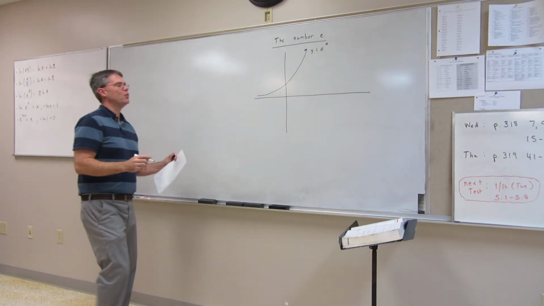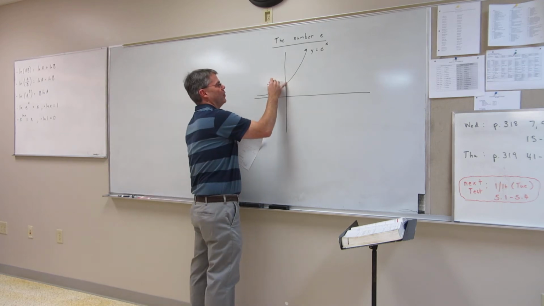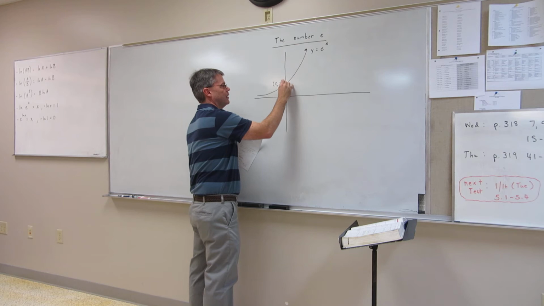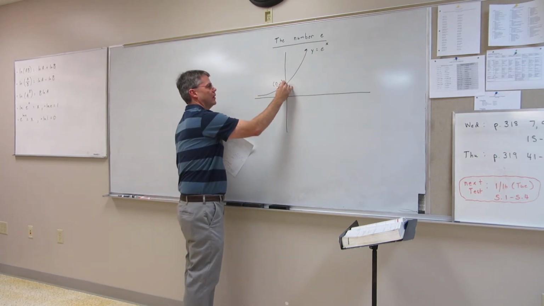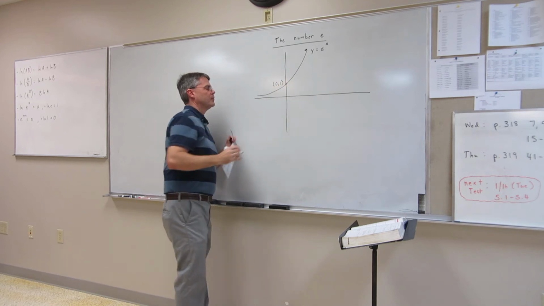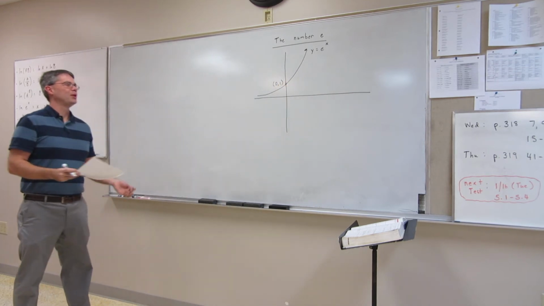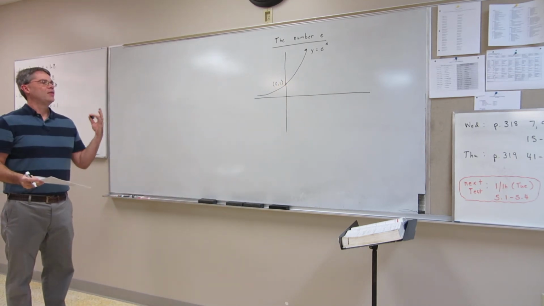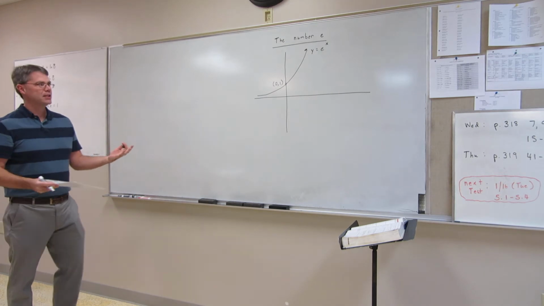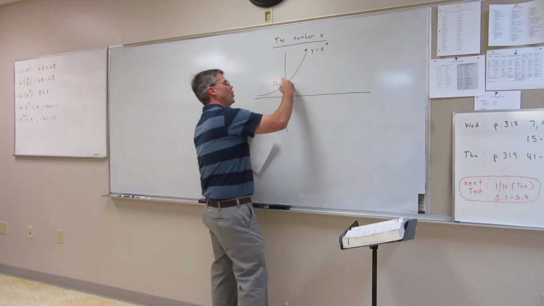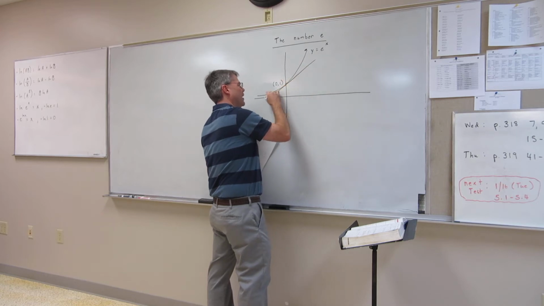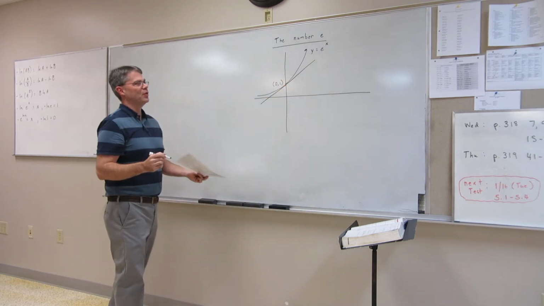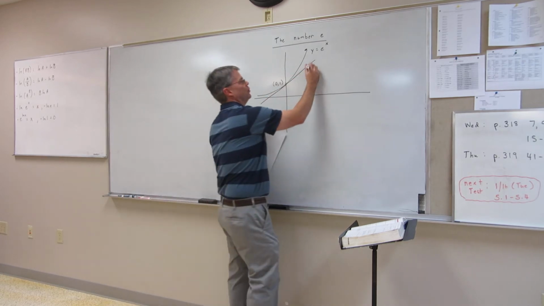And it crosses the y-axis at the point 0, 1. And e was formulated really because this graph, where it crosses the y-axis, the slope of the line tangent at 0, 1, the slope is equal to 1.